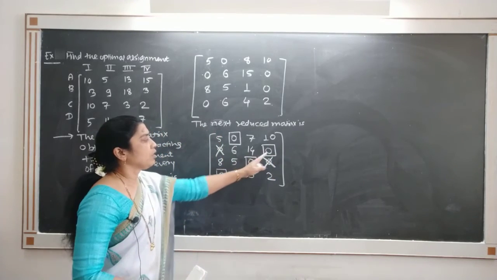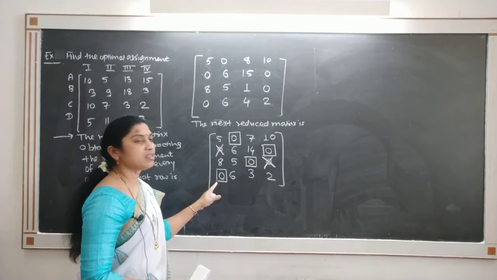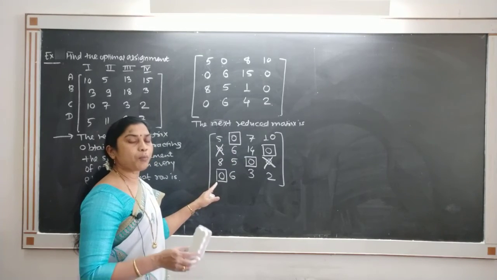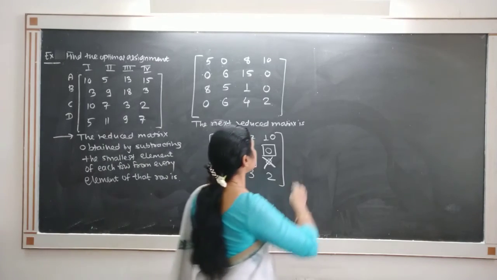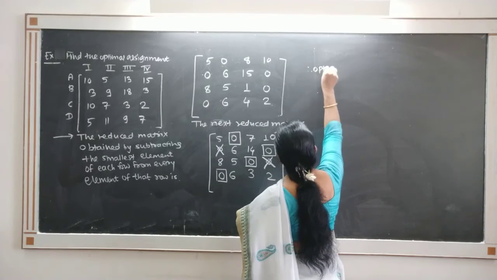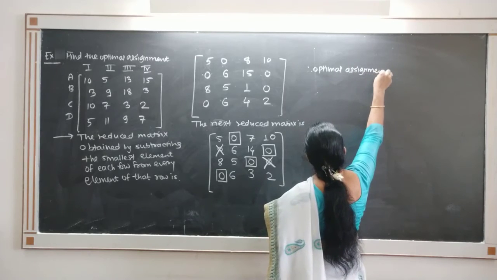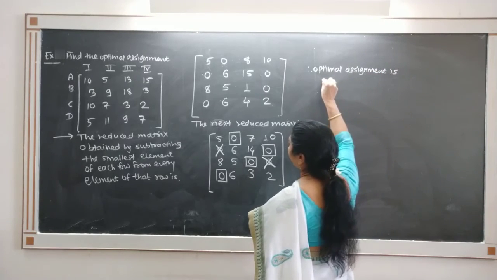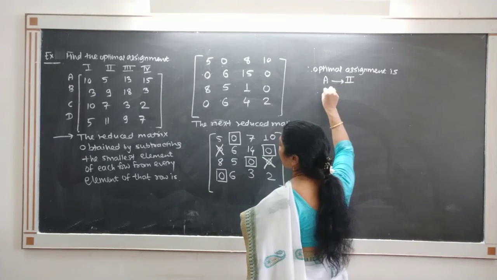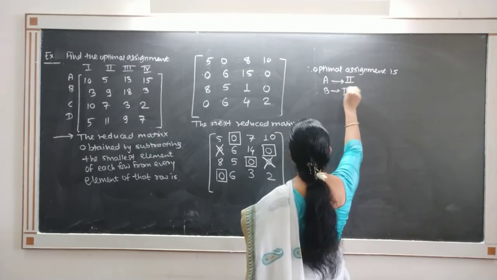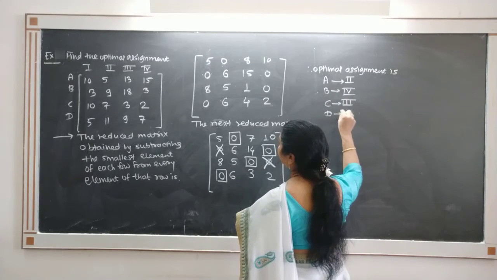So there are 4 assignments and the order of the matrix is also 4. So the number of assigned 0s is the same as the order of the matrix. So this is the optimal assignment, and therefore the optimal assignment is: A is assigned to second, B is assigned to fourth, C is assigned to third, and D is assigned to first.